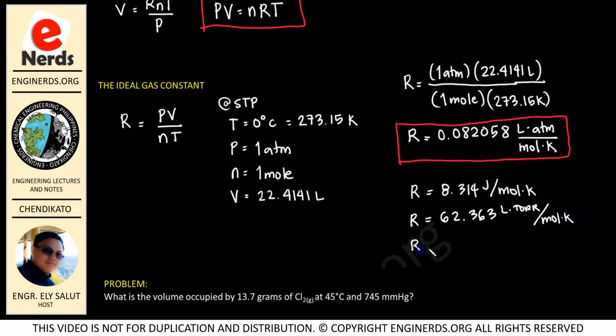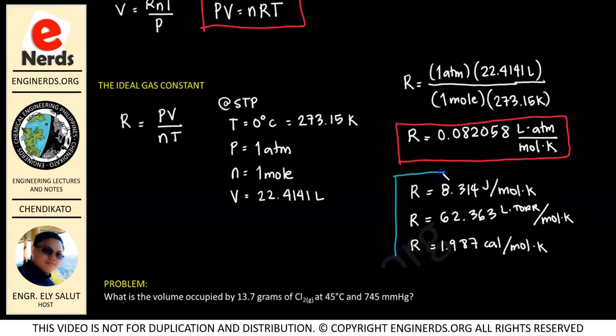R is also equal to 1.987 calories per mole Kelvin. So, ito yung mga usual na mga values ng R na gagamitin natin in different units, no?